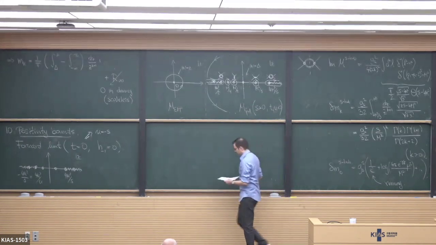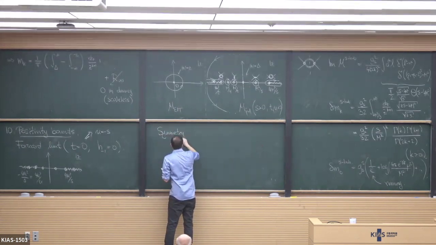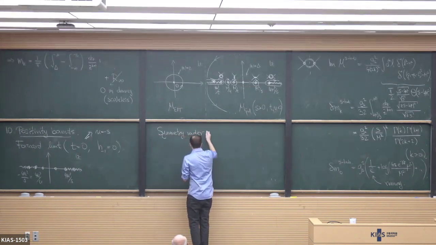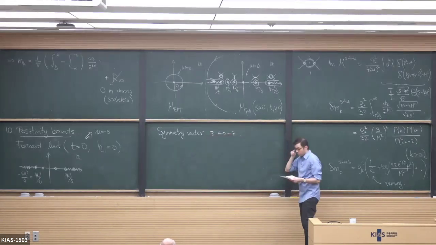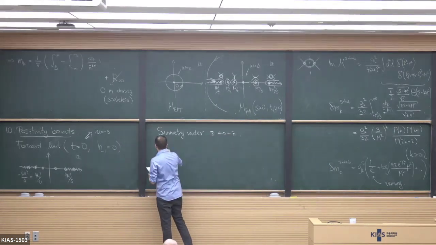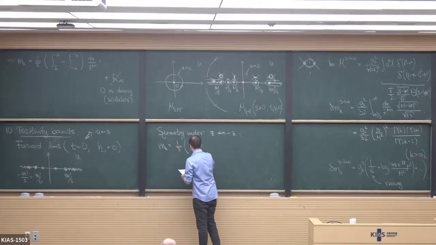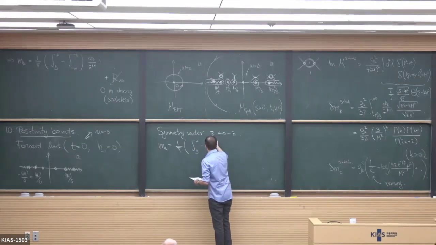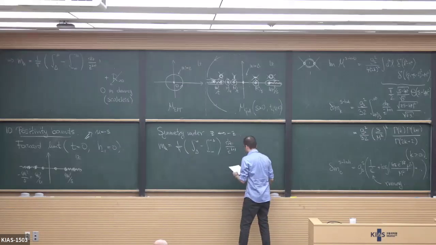Let me first write down that there's a symmetry under Z goes to minus Z. What this means is that if I write down my formula for M_k, this is going to be 1 over pi, and then the integral from delta to infinity minus the integral from minus infinity to minus delta, of the imaginary part.